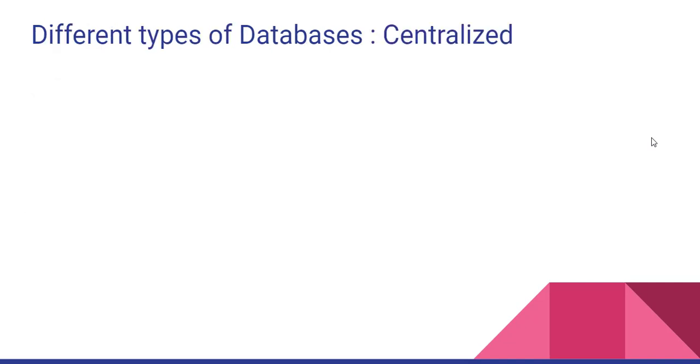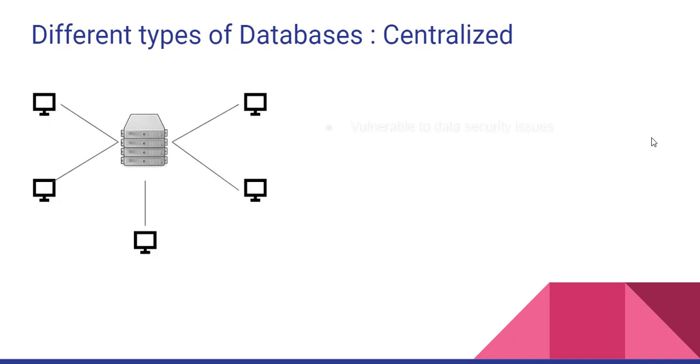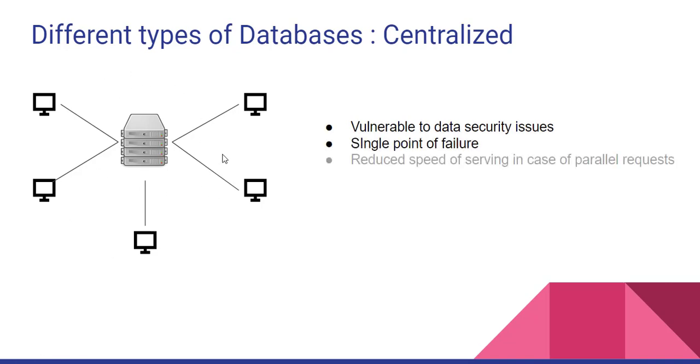Before getting into further depth, let's first try to understand the different databases and what we actually mean by them. The first kind of database is centralized. As the name suggests, there is a central server or central DB from which different computers, different nodes, can fetch the data. This is vulnerable to data security issues because a single point holds the responsibility of serving.